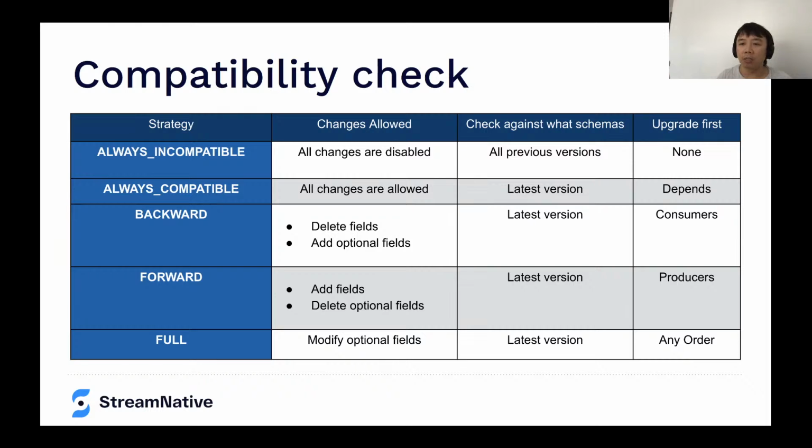And for forward, it's the reverse. You need to upgrade producers first, because the old schema is able to deserialize the messages produced with the newer schema. So you need to make sure producers are upgraded first with the newer schema before upgrading consumers.